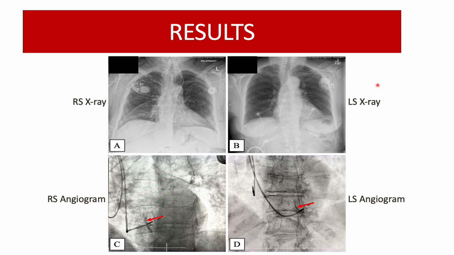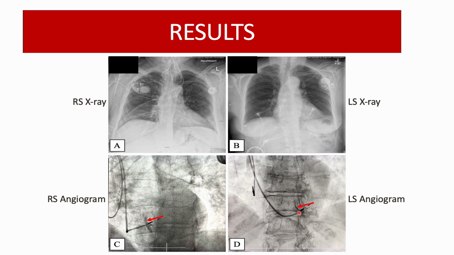This figure shows the x-rays and angiograms of one patient from the left-sided group and one patient from the right-sided group. As you can see, the left-sided patient has their pacemaker on the left, and the right-sided patient has their pacemaker on the right.